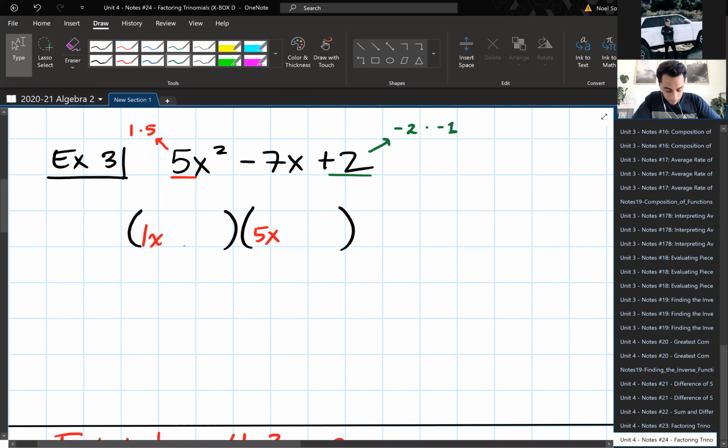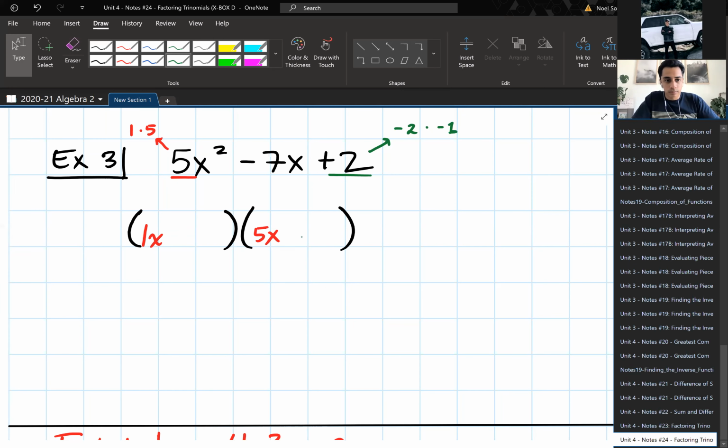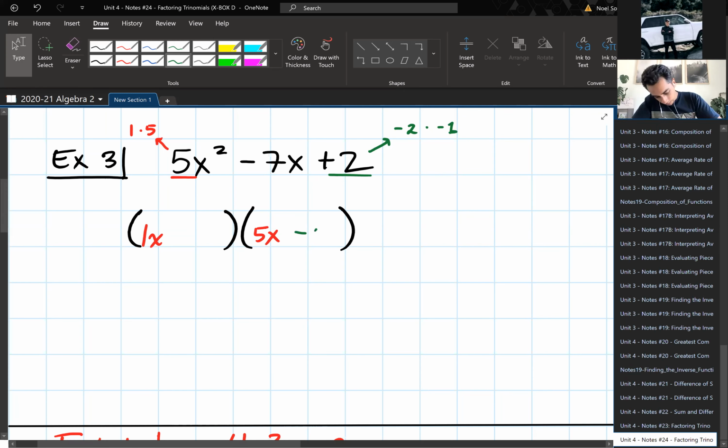Should I put negative 2 in the first term or should I put negative 2 in the second term? What do you think? Okay, so negative 2 in the second term, which means that negative 1 has to fit in the first term.